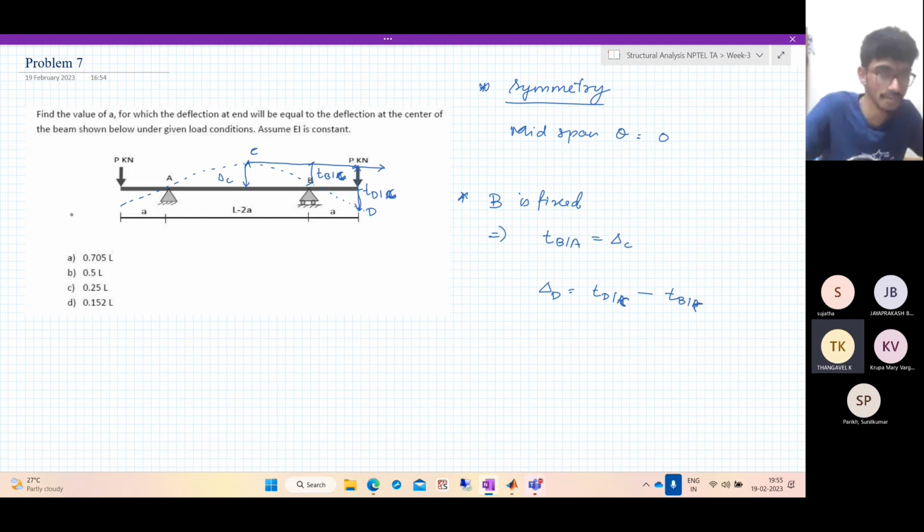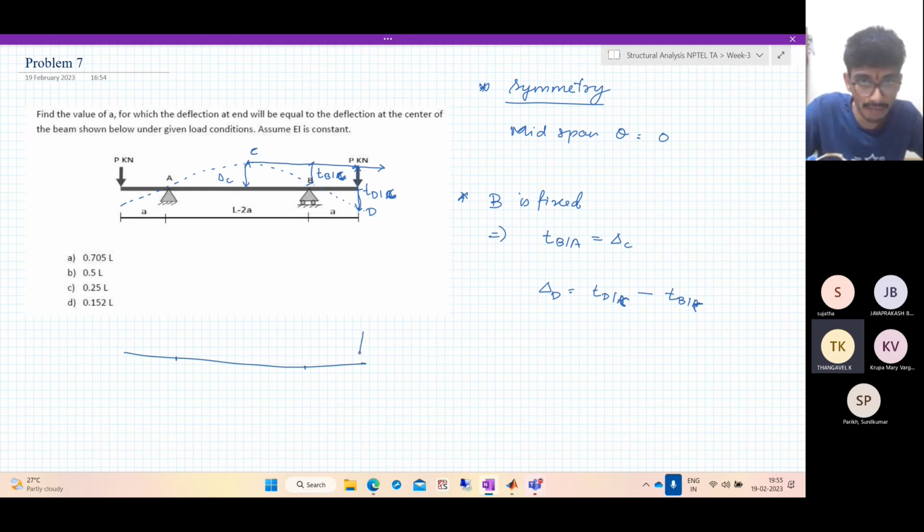So quickly, what is the bending moment? I'll draw right below this. You have a support here, and you have a support here. And it is symmetric.